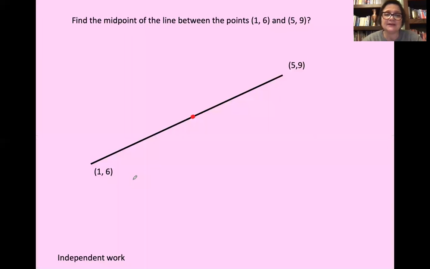Right, let's have a look here. This is your independent work. It says find the midpoint of the line between these 2 points, 1, 6 and 5, 9. So you're going to apply here and substitute the first formula, x1 plus x2 divided by 2. Remember to label the coordinates of the beginning of the point as x1 and y1, and the second one is going to be x2 and y2.